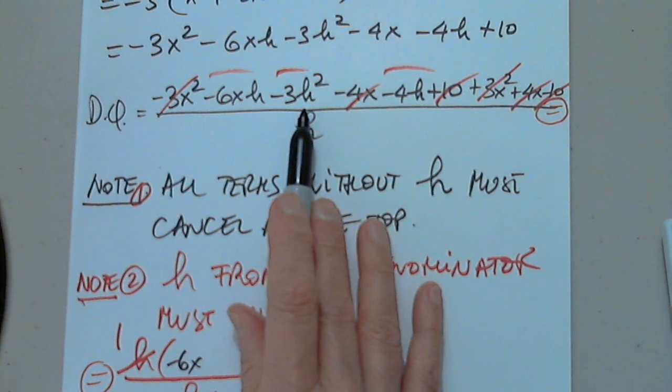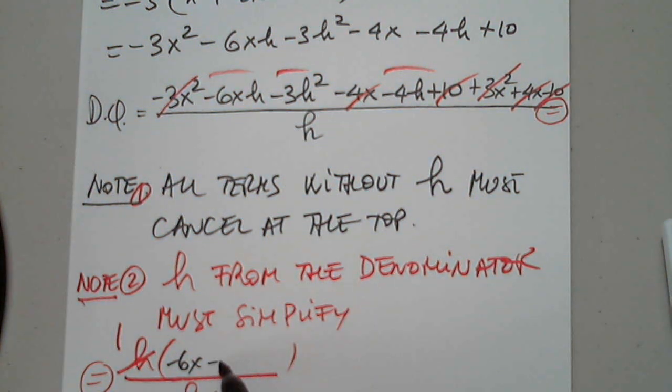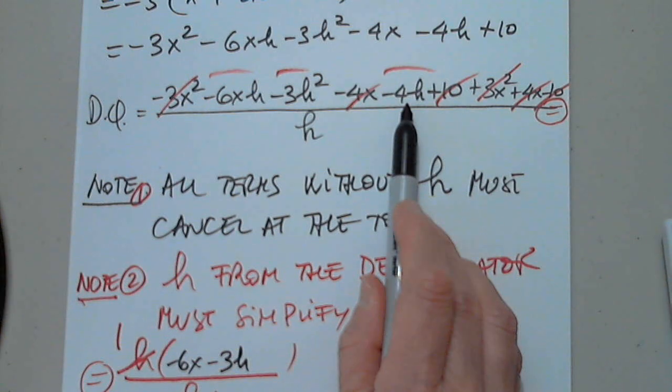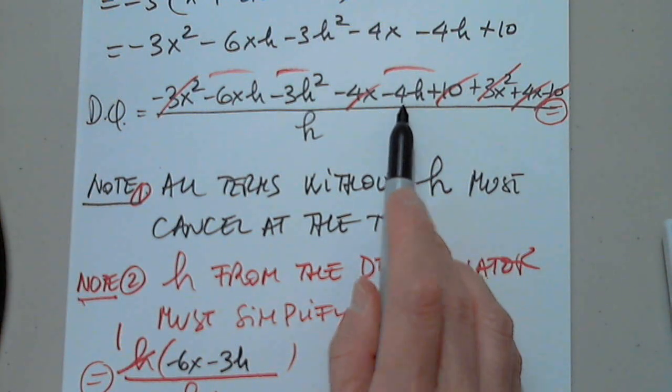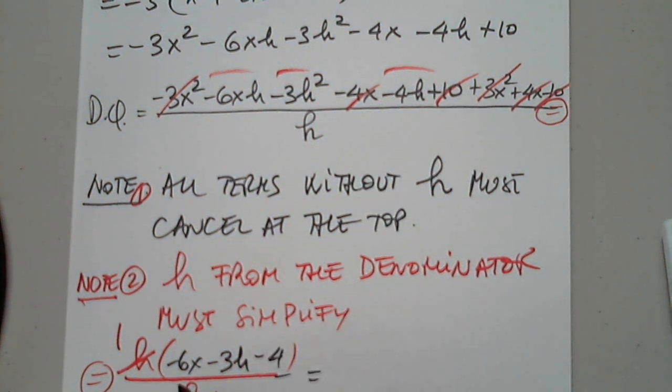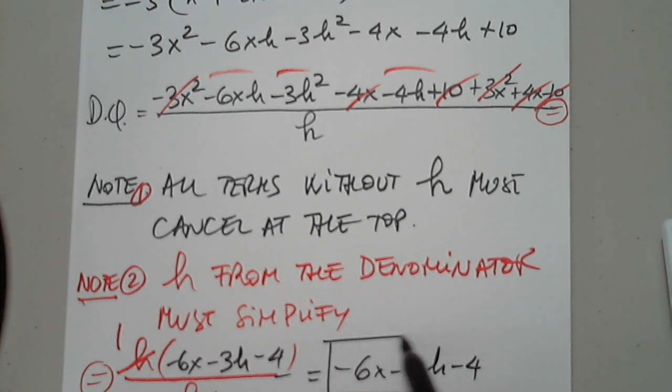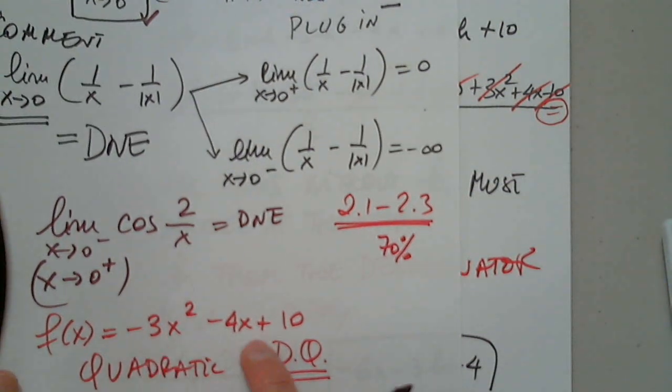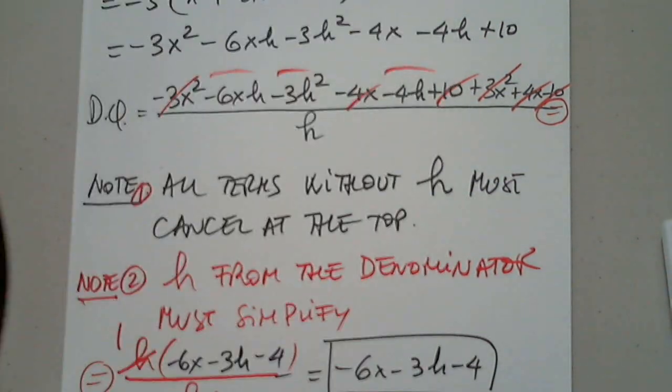Negative 3h. Excellent. And negative 4. Awesome. And this is it. Negative 6x minus 3h minus 4. This is the difference quotient for this function, fully simplified.